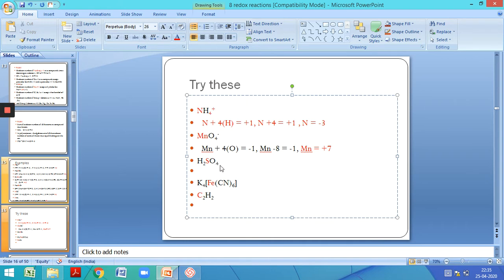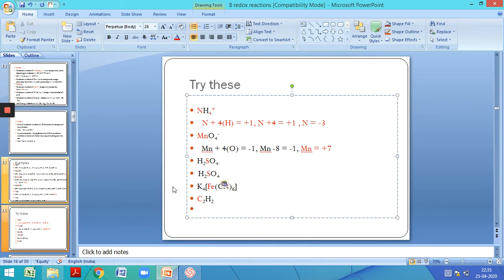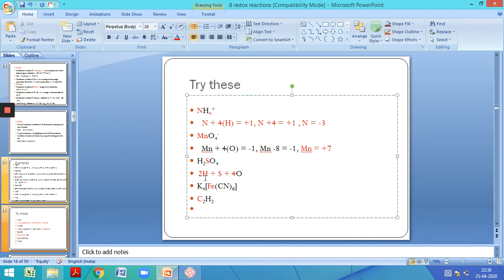So the oxidation number will be the sum of the oxidation numbers of 2 hydrogen atoms plus 1 sulfur plus 4 oxygen, and the sum of these is going to be 0, since this is a compound.